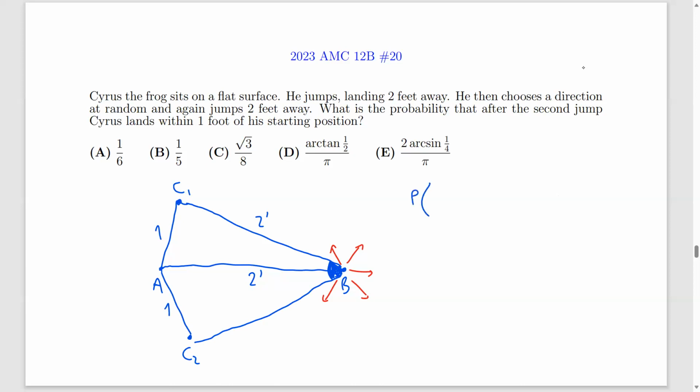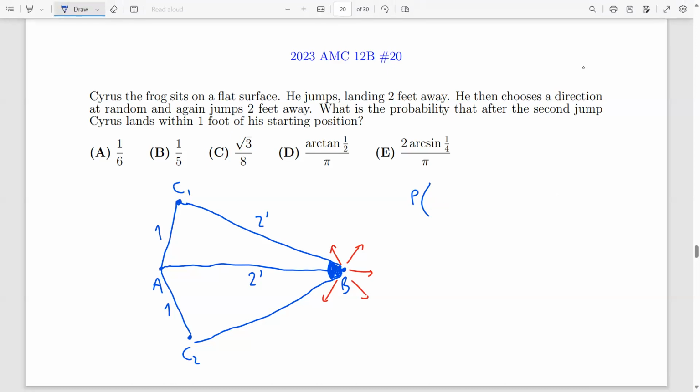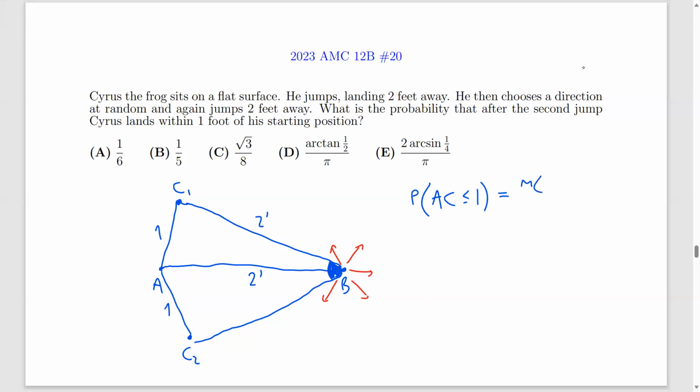So the desired probability is equal to the probability that AC is less than 1. This is equal to the measure of angle C1BC2 divided by 2 pi.